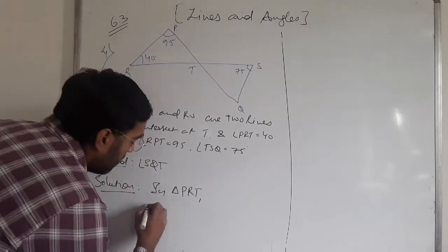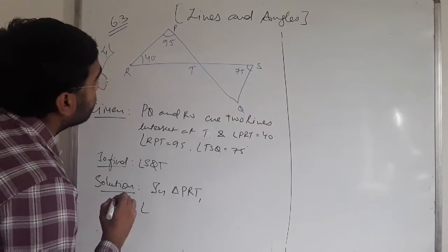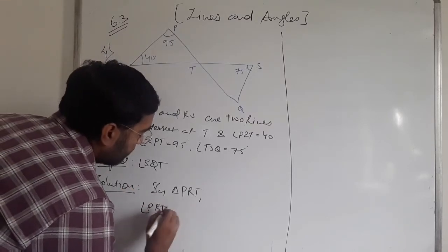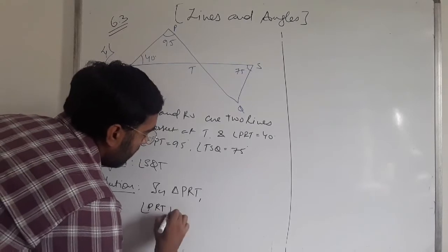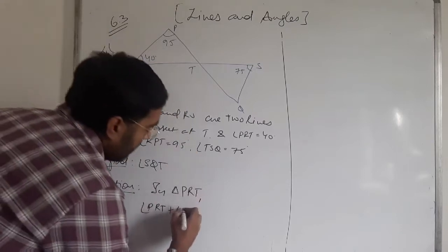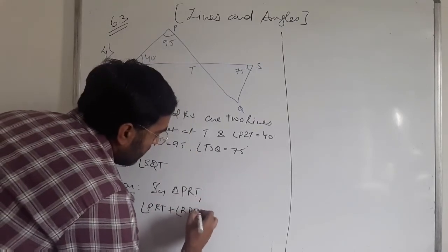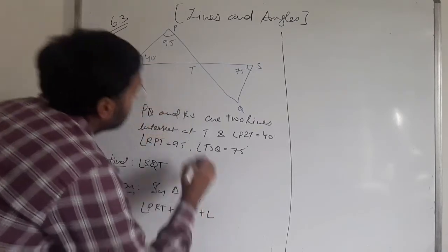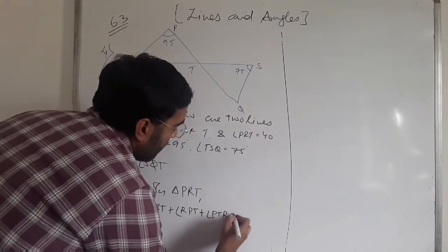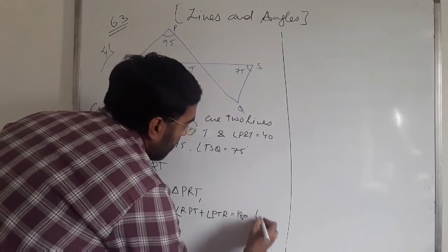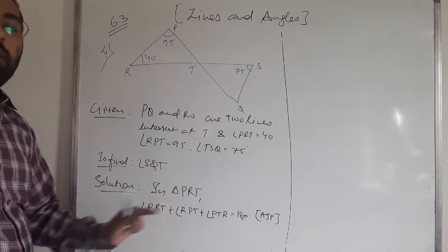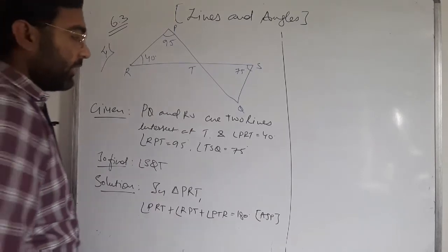So we have to take angle PRT plus angle RPT plus PTR is equal to 180 degrees. That is your angle sum property.